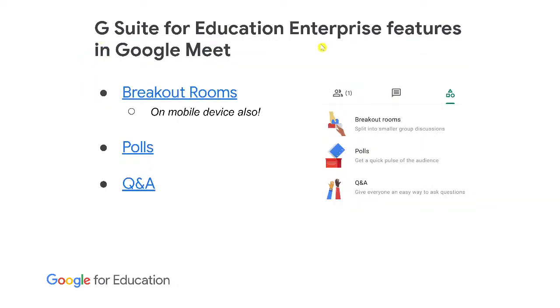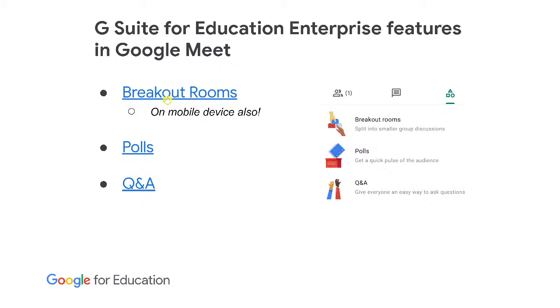In terms of what it opens up for online classes in Google Meet, breakout rooms, polls, and Q&A are the big three features that it opens up in this activity pane that you wouldn't see on a free license when you're in a Google Meet as a teacher, but you do see when you have an enterprise license.